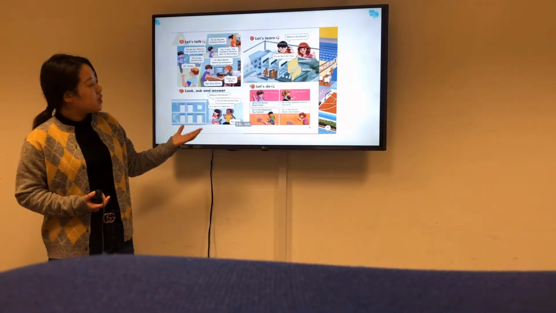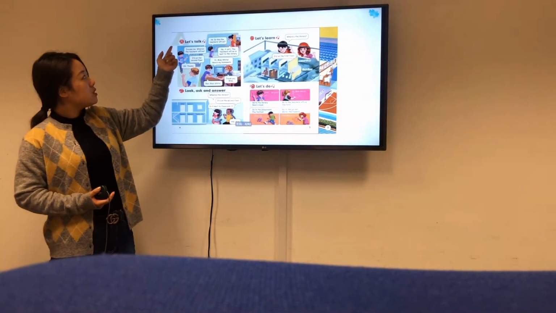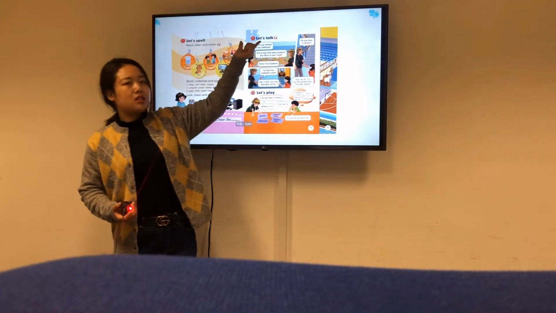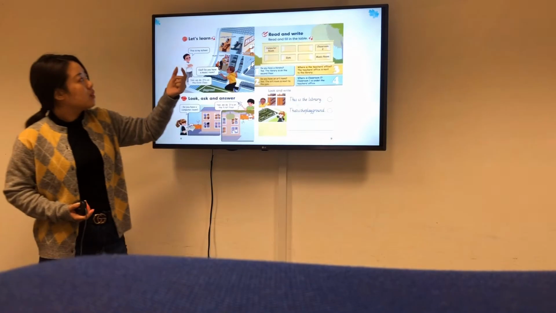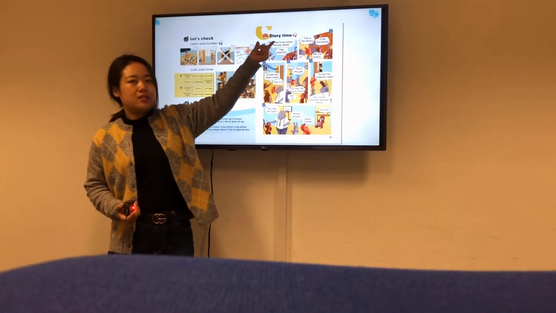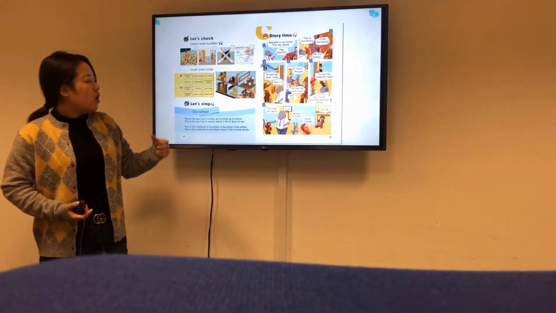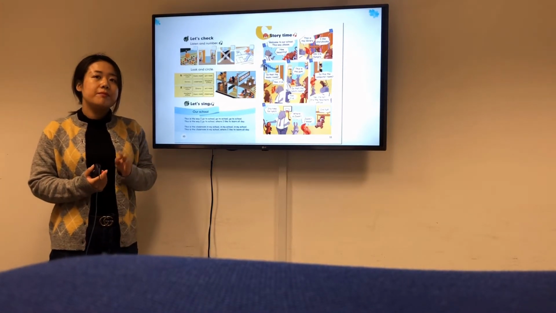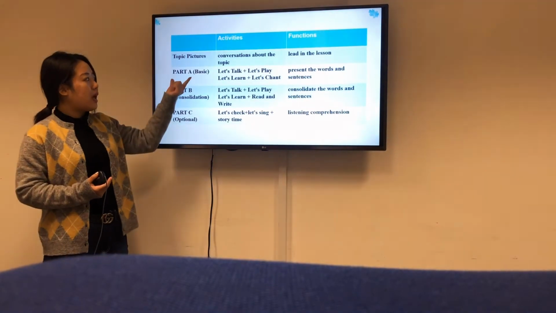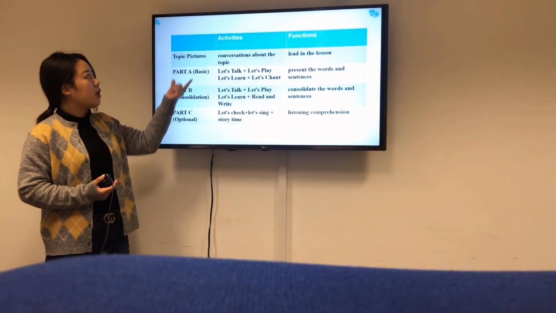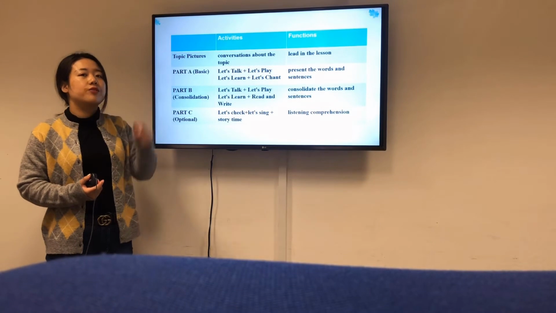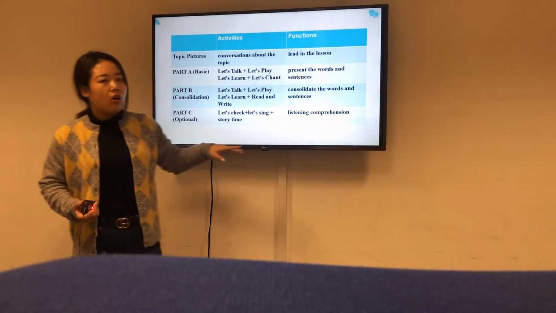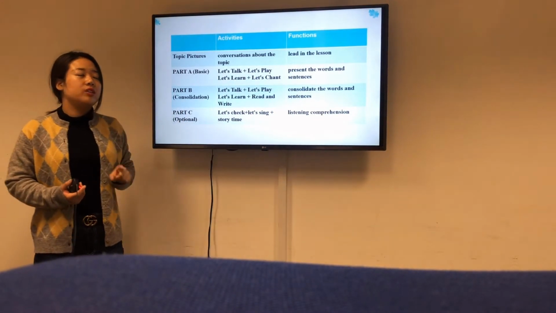So the second picture is the part A. So you can see this is the letter A. And then this is the part B. And then this is the part C. So you can see in just one unit, there are 3 main parts. That is part A, part B, part C, plus the topic pictures in the first page of the unit. So this is all the structure of just one unit.